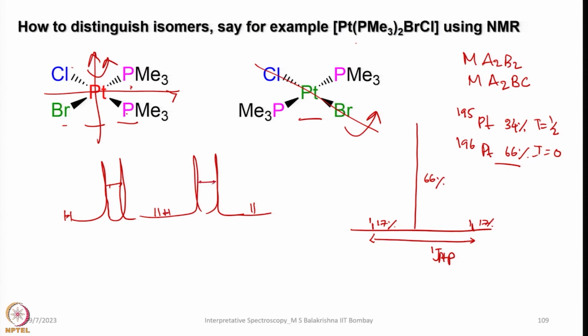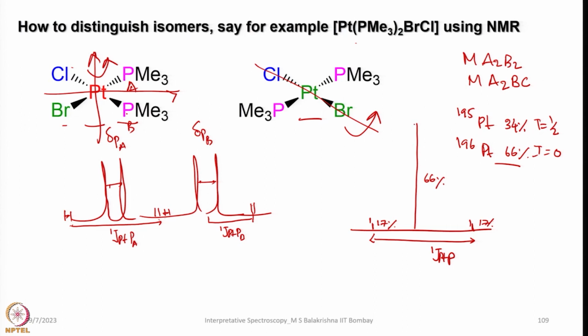If you assign A and B, this is delta PA and this is delta PB. Here this is 1J PtPA, and if I take the center of the midline here, this is 1J PtPB. So it has two sets of this, because they also have coupling between them, so each line will be split into a doublet.